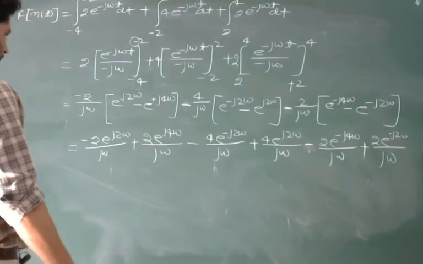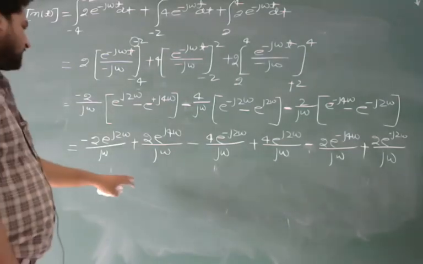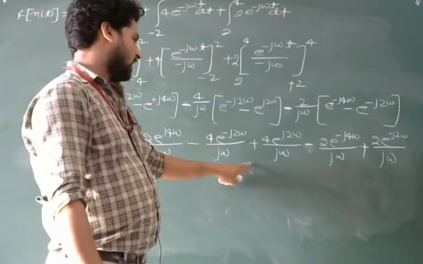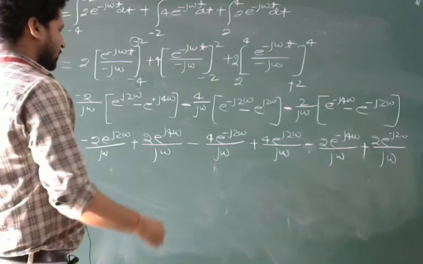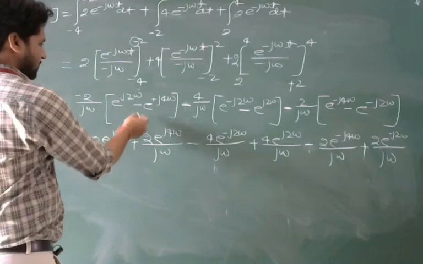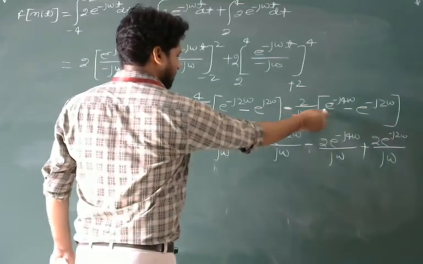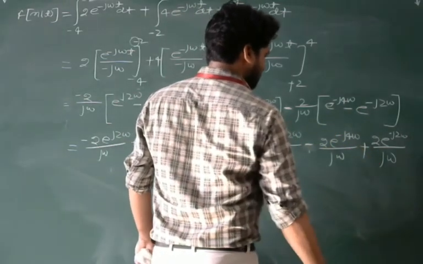Now combine the terms j2 omega and j2 omega, j4 omega and j4 omega, and j2 omega and j2 omega. This is minus here, and this is plus, this is minus 2 by j omega into e power plus 2 e to the power j2 omega.